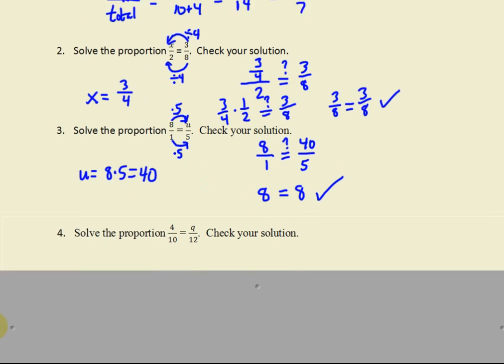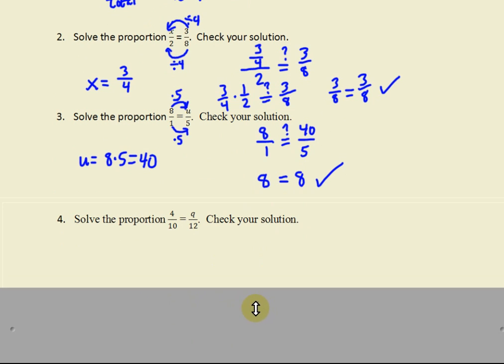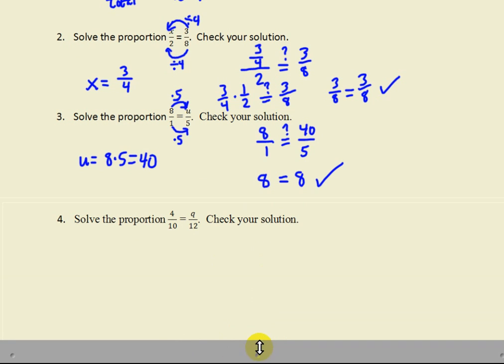Number 4, solve the proportion 4 over 10 equals q over 12. Check your solution. So here's a case that isn't quite as convenient as we would like, but we can still use the same approach. First of all, we can simplify 4 over 10 to 2 over 5 equals q over 12.